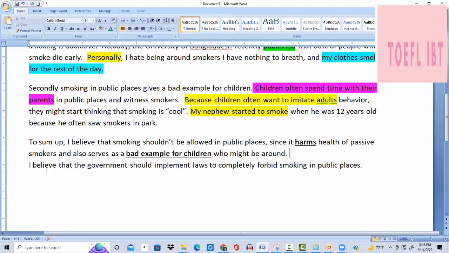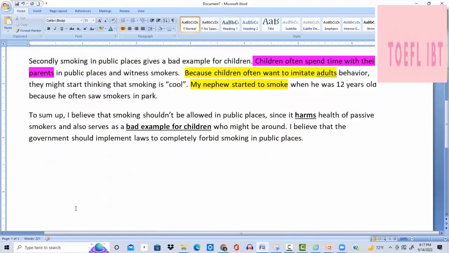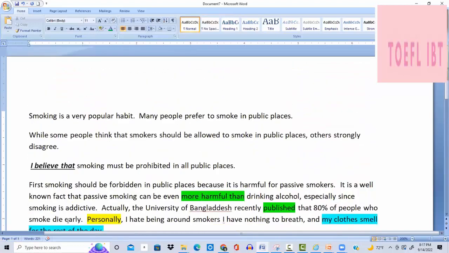So I need your opinion. I believe that the government should implement laws to completely forbid smoking in public places. So maybe I do need to have it in there twice. Or I could say, it is important that the government implement laws. But anyway, here we are with 221 words, right?